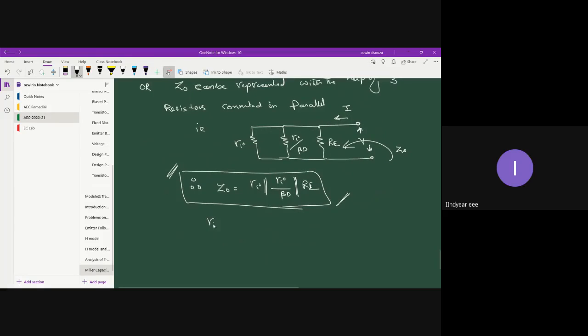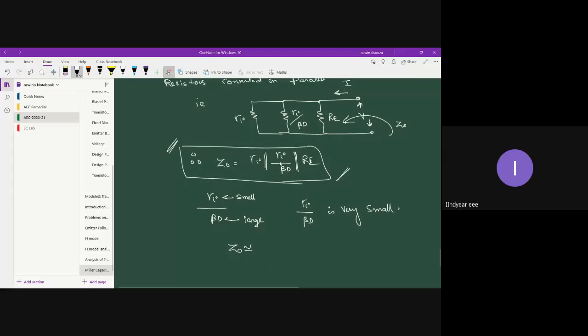But remember one thing, this ratio RI by beta D is small and this is large. Due to these small and large values, the ratio RI by beta D is very small. So it's something like you are connecting a small resistance in parallel with the 2 other resistances, due to which your Z0 will be the least resistance among the lot.